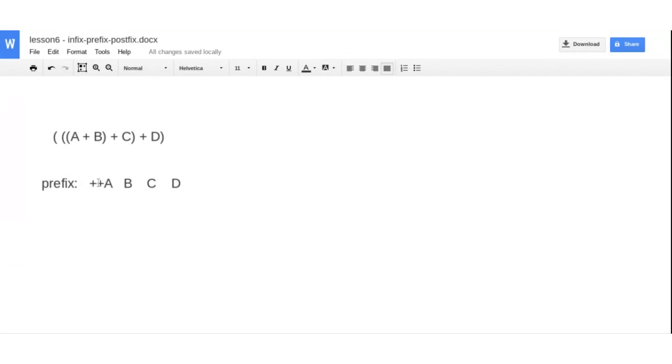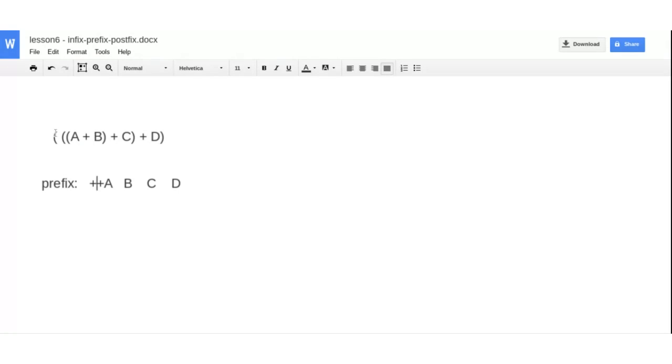And then when you do now the last plus, its left operand is everything that you've done with all these other values. So the left bracket for this plus is an external bracket here at the front.